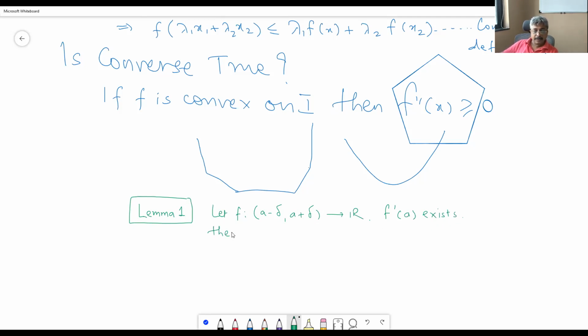Then limit h tends to 0, f of a plus h minus f of a minus h upon 2h is equal to f dash of a.